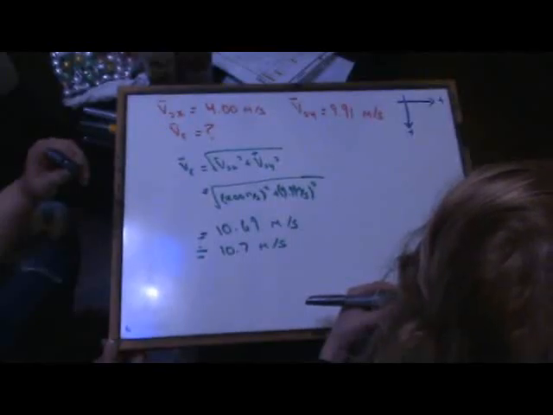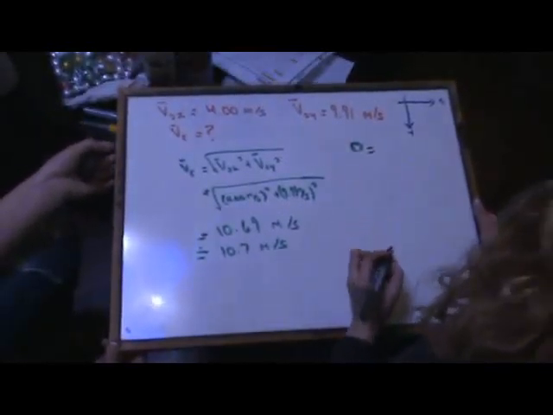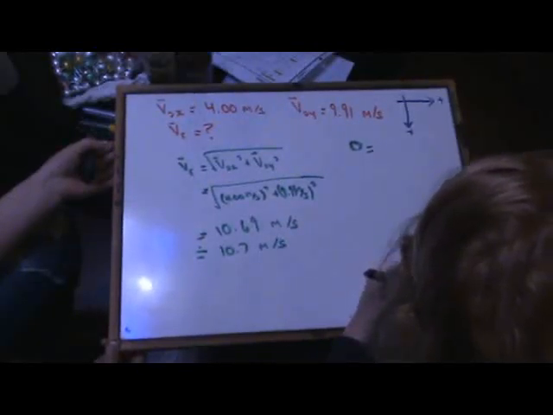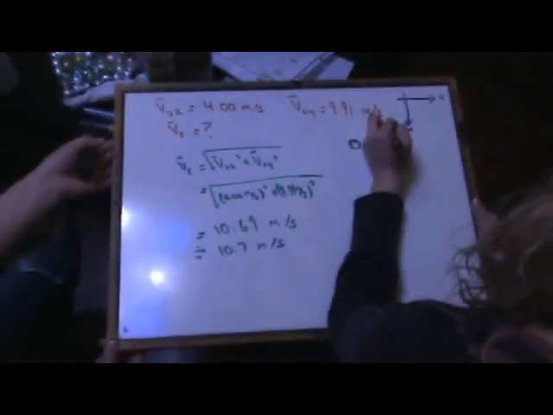Because velocity is a vector, the angle must now be found. The tan equation is expressed as opposite over adjacent. This can be written as v2y over v2x.